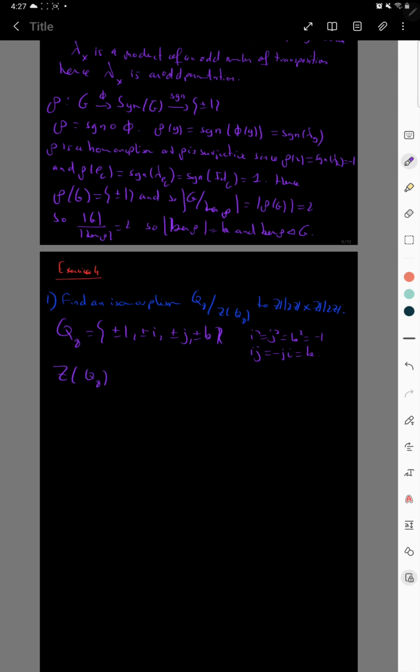We've shown in a previous homework that Z(Q8) is just plus or minus 1. And we know that Z(Q8) is normal in Q8. The center is always normal. And we have seen before that the representatives of the cosets are just Z(Q8), iZ(Q8), jZ(Q8), and kZ(Q8).